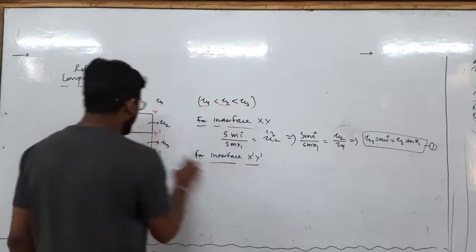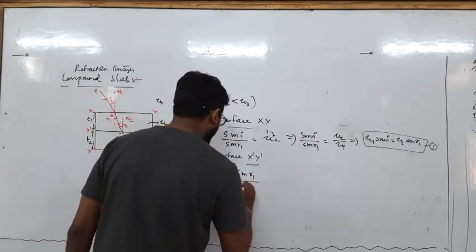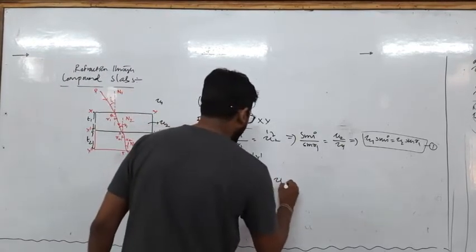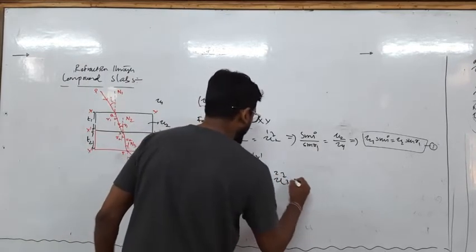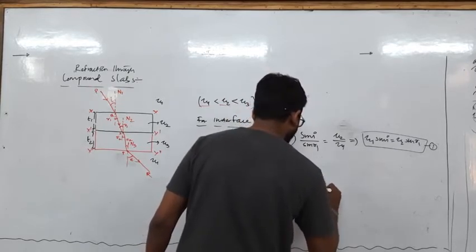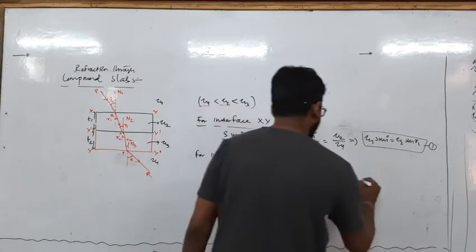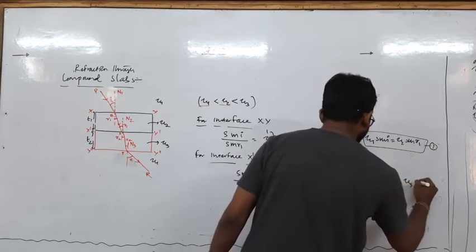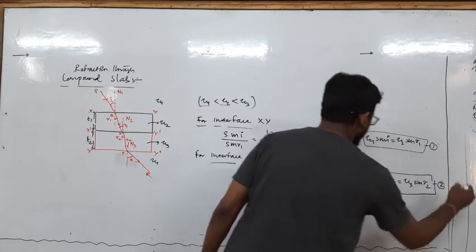By applying Snell's law for the interface x dash y dash, I can write sin R1 divided by sin R2 equals, as light travels from mu2 to mu3, mu3 by mu2, or this implies mu2 sin R1 equals mu3 sin R2. Let it be equation 2.